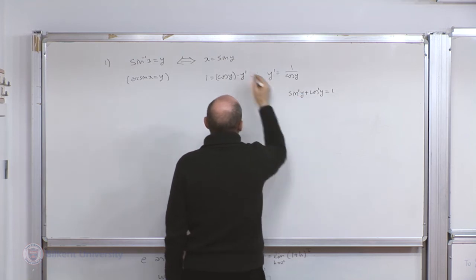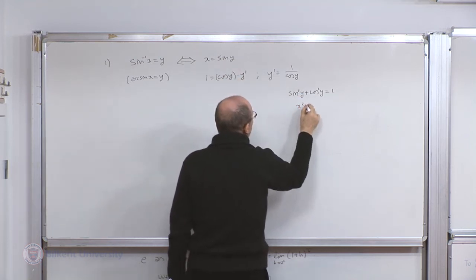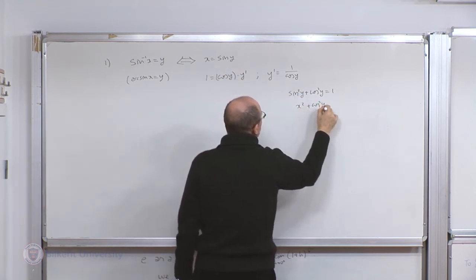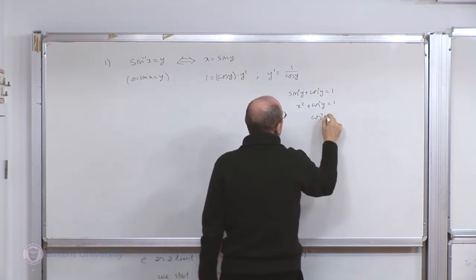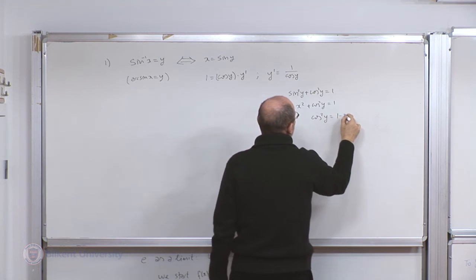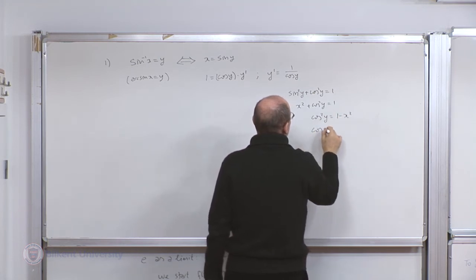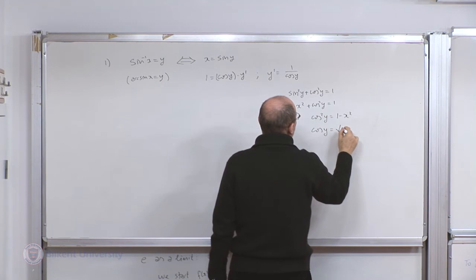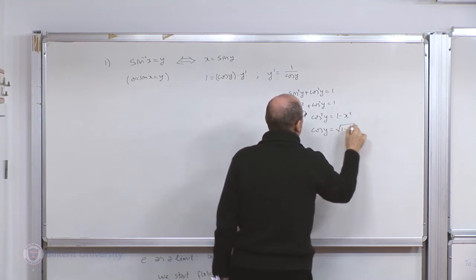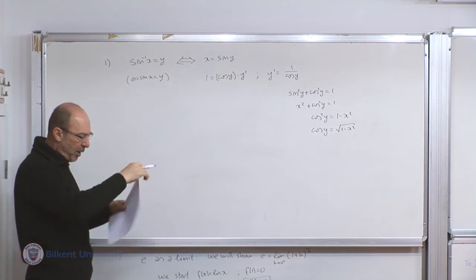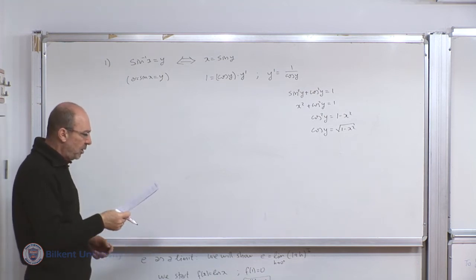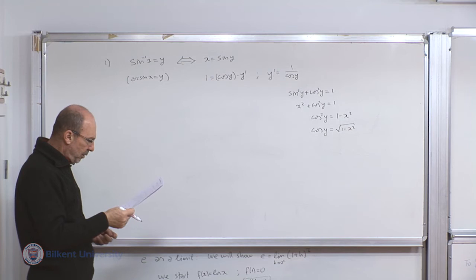Sine is x, so this is x squared plus cosine squared y is equal to 1. I am interested in cosine y, so this is 1 minus x squared. Cosine y is equal to plus or minus the square root of 1 minus x squared. We'll decide on the sign, so at this point let us take it just like that.